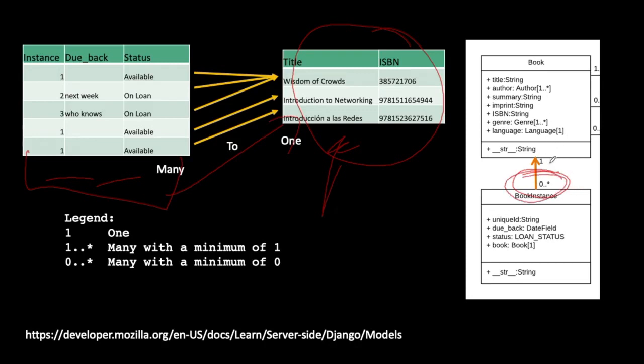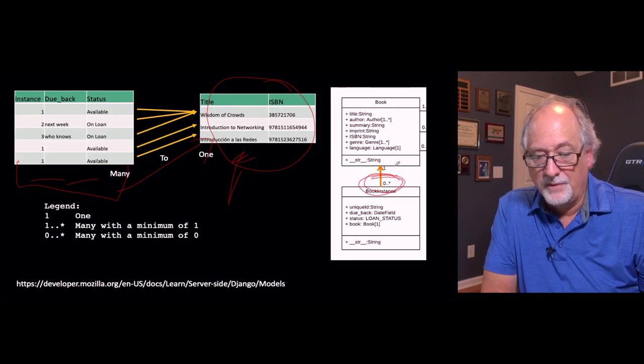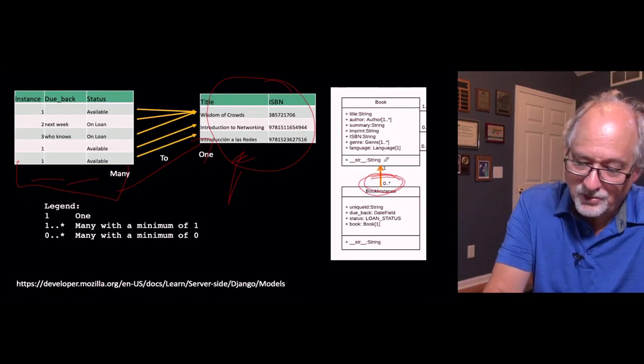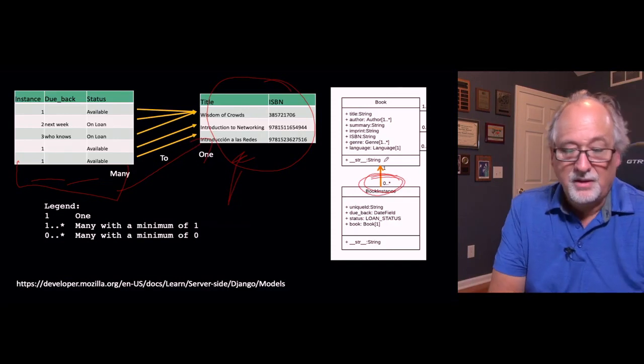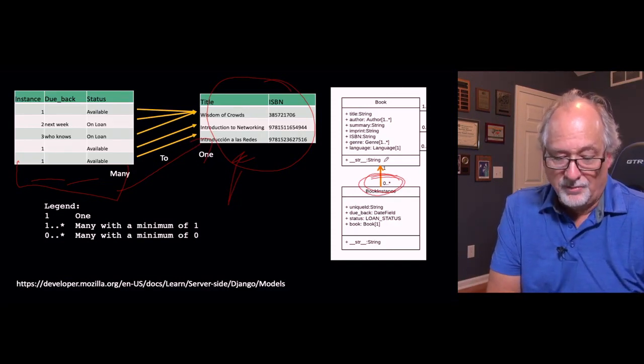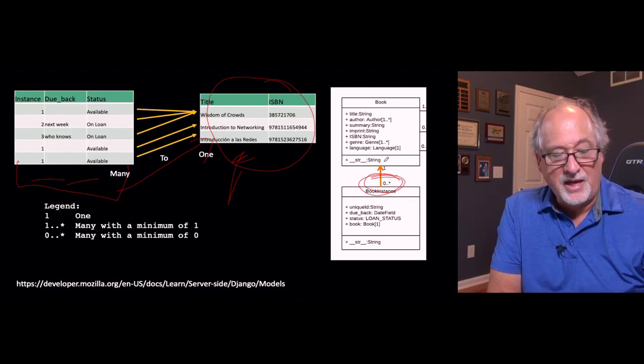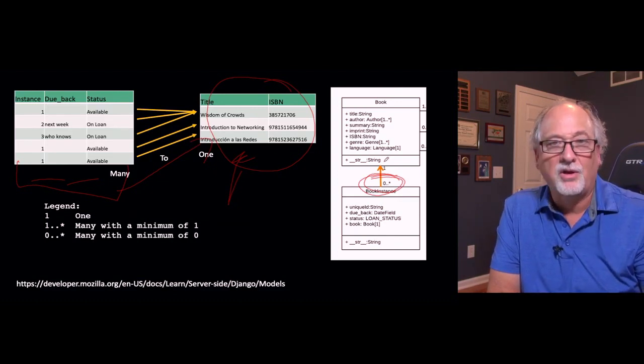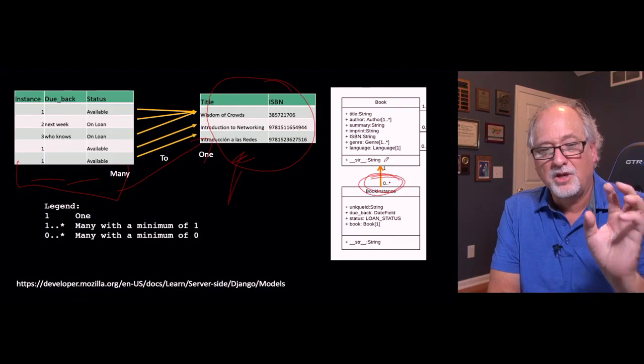So again, you can have 0 through infinity book instances mapped to a single book entry. Okay, and this little legend, 0 to infinity to 1, is how we read this table. You will see database tables that have different syntaxes, but they all are capturing the same thing, and that's the cardinality.